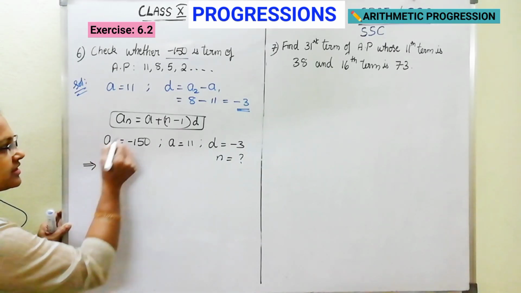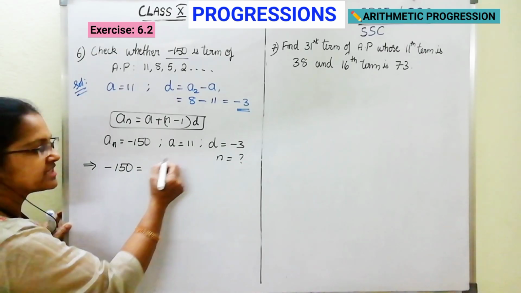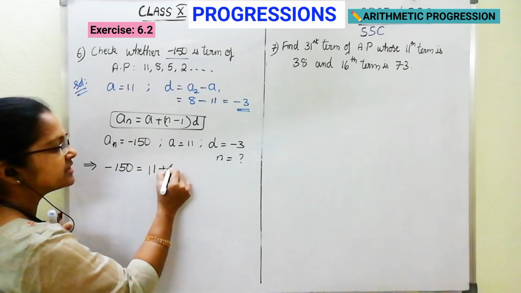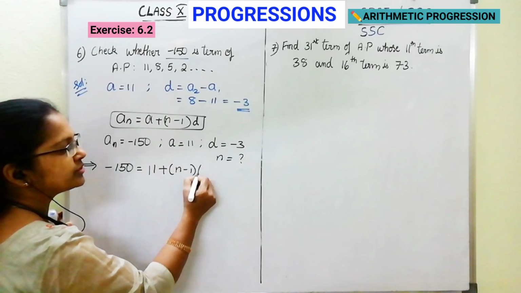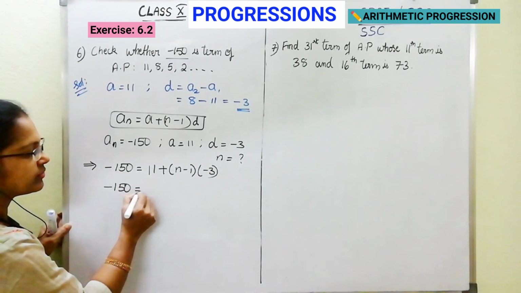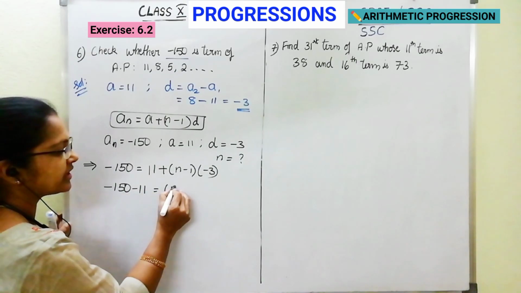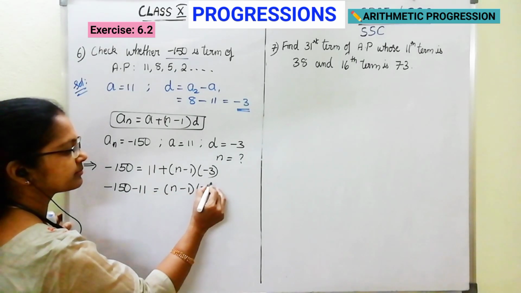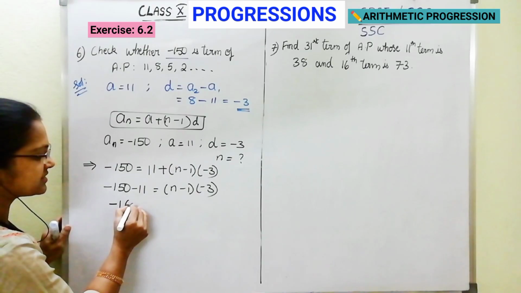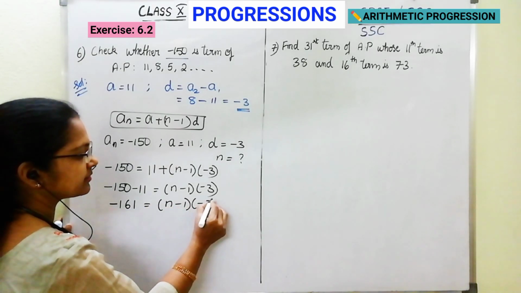When we substitute it in the formula, minus 150 is equal to 11 plus n minus 1 into minus 3. Just send the terms, minus 11, so minus 161 is equal to n minus 1 into minus 3.